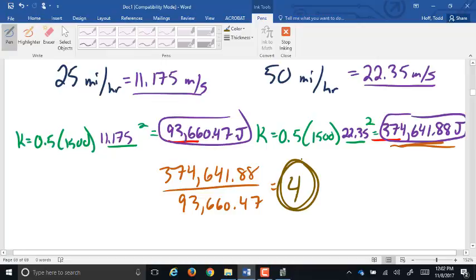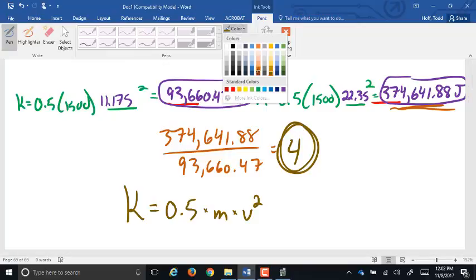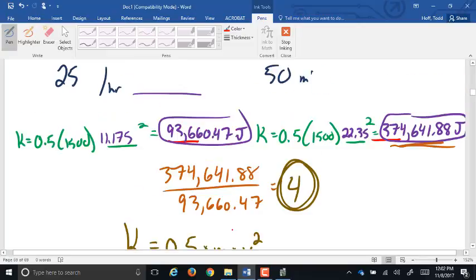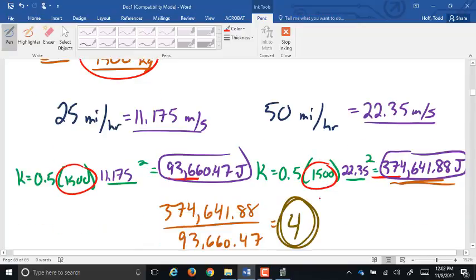Doesn't make sense that that would be 4? Well, think about it. What we did here, what value did we change? Did we change the mass? No, the mass stayed 1,500 kilograms per car.